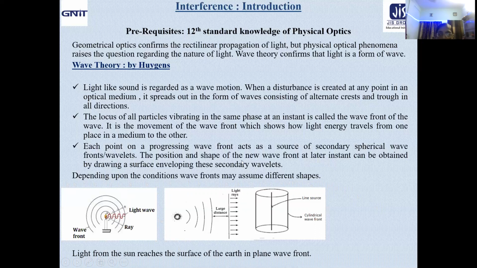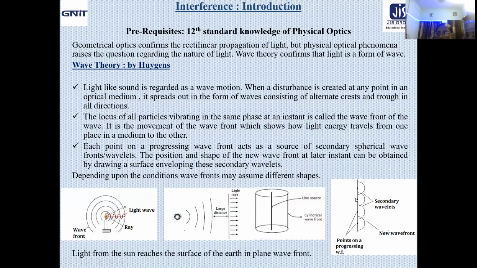Okay. Let us now come to the third statement of the wave theory, that each point on a progressing wavefront acts as a source of secondary spherical wavefronts or wavelets. The position and shape of the new wavefront at a later instant can be obtained by drawing a surface enveloping these secondary wavelets. So this is one progressing wavefront.